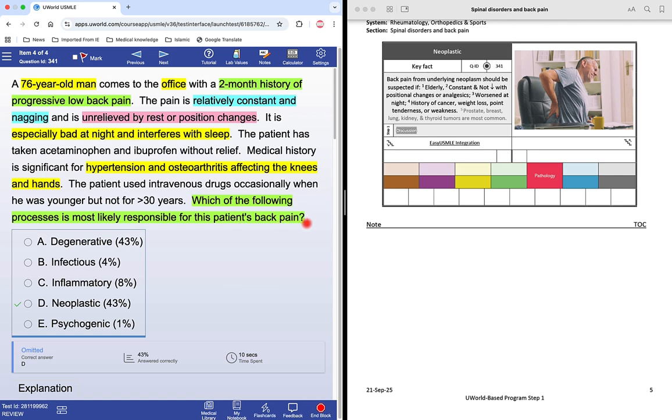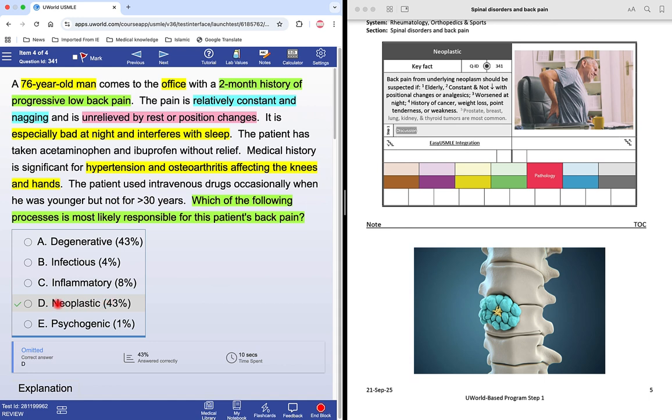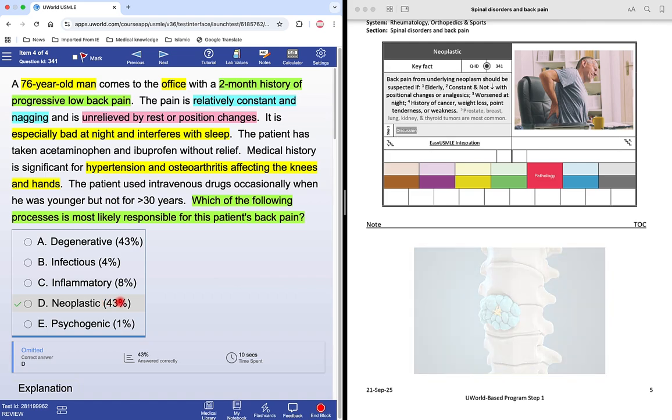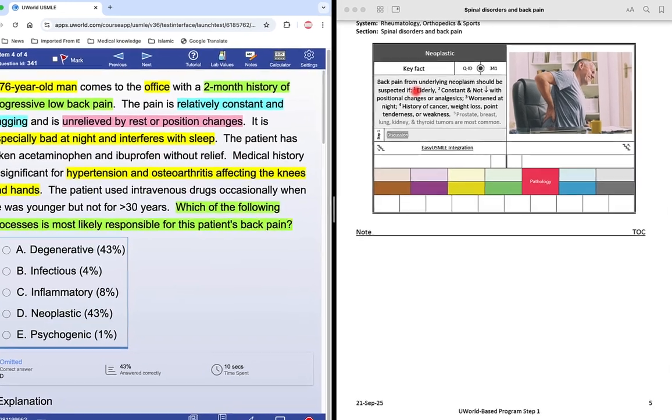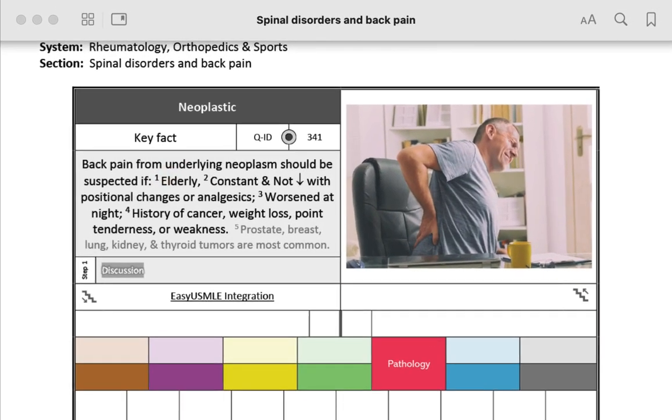Back pain is a common symptom, especially in the elderly. But the question wants us to know the red flags of cancer. The back pain in this patient is most likely neoplastic, and we need to suspect that if there is a red flag.